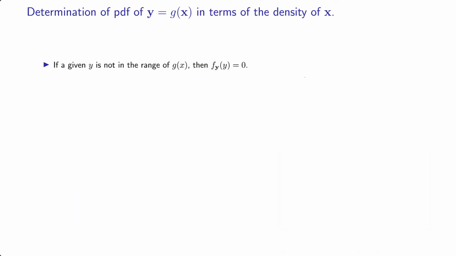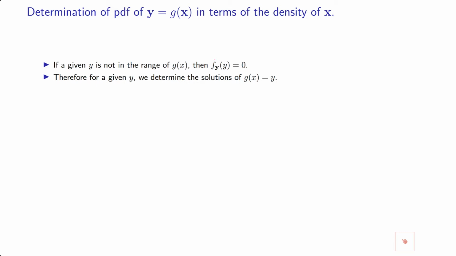So for a given value of y, if it is not in the range of g of x, in other words, if y equal g of x has no solution, automatically we could say that the PDF of y is 0, because for no values of x, such a value of y is produced.